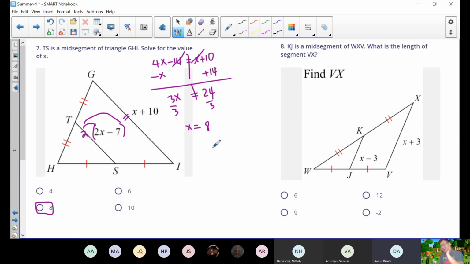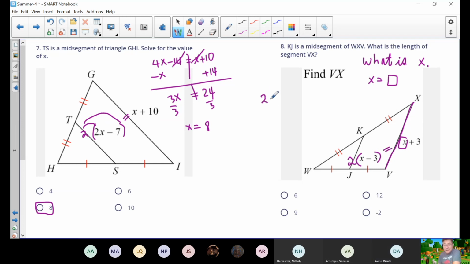So number 8 is a little different. KJ is a mid-segment, right? What is the length of VX? We're looking for the actual length, not x. So first, we have to find what x is. Once you get the x value, then we plug it in here, and we can find the length. Okay, let's do it. The same thing. You multiply this one by 2 and equal to this, right?